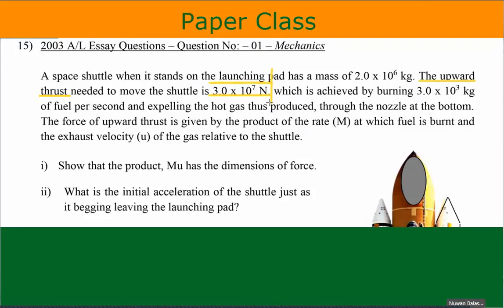The upward thrust given by the engine by burning the fuel is 3 into 10 to the power 7 Newton. But in addition to this force, there should be another force acting on the rocket. Can you guess what that force is?